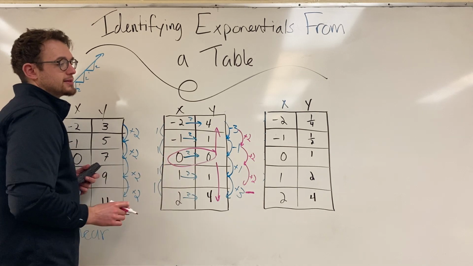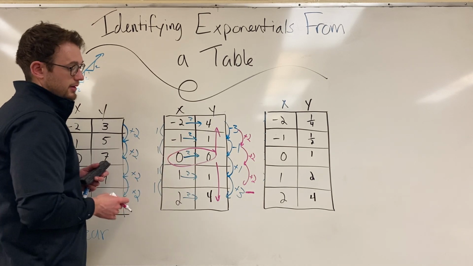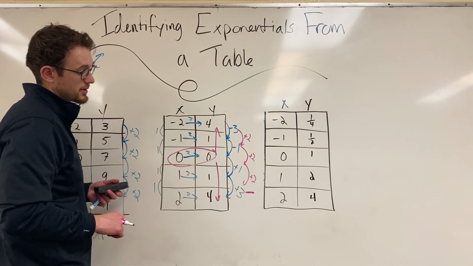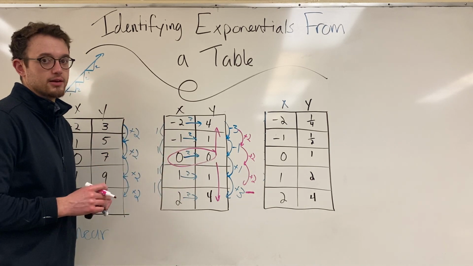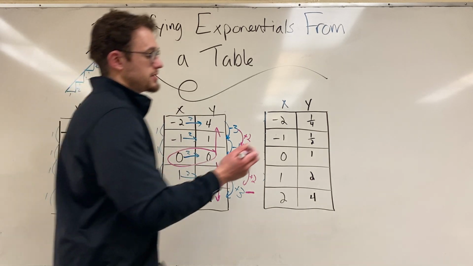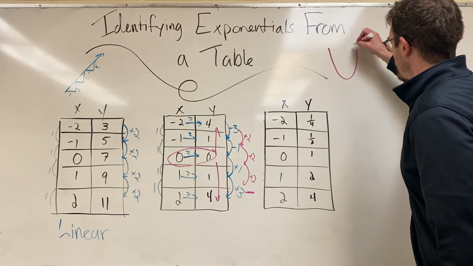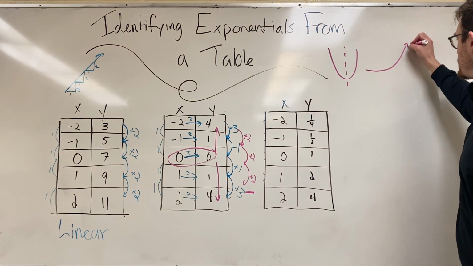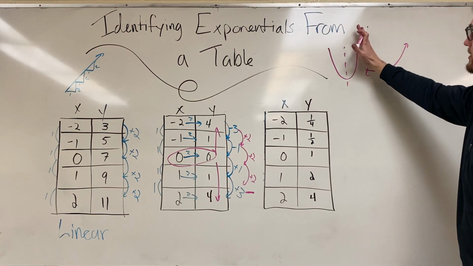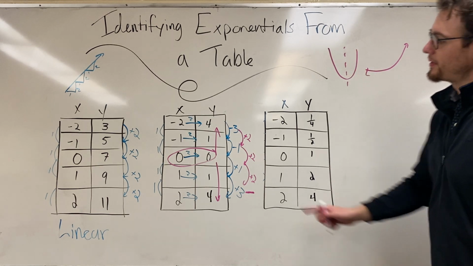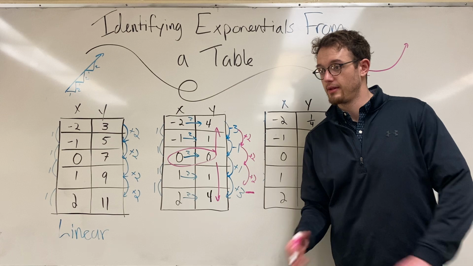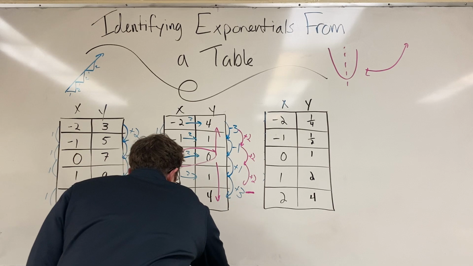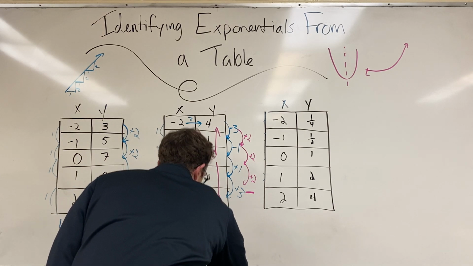So that's another key way to see, okay, that's a parabola, or maybe an absolute value, but it's definitely not exponential, because exponentials don't reflect on themselves, right? Here would be a parabola where you can flop it on itself if I drew it correctly, but an exponential, you can't flop it onto itself. So if you see a vertex in your table, not exponential. And this one would be quadratic.